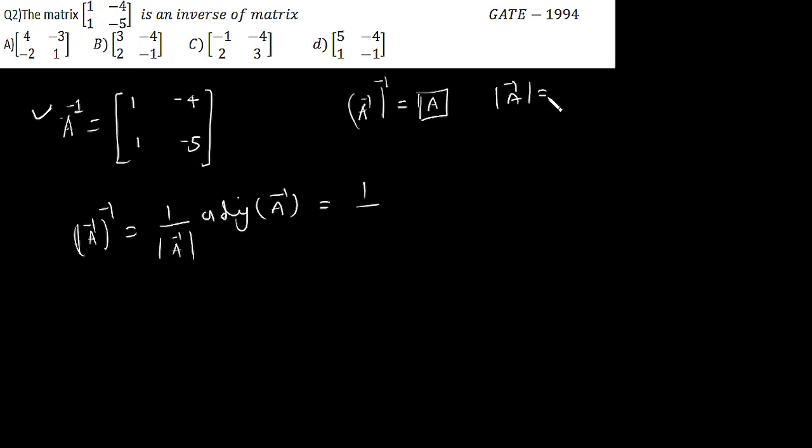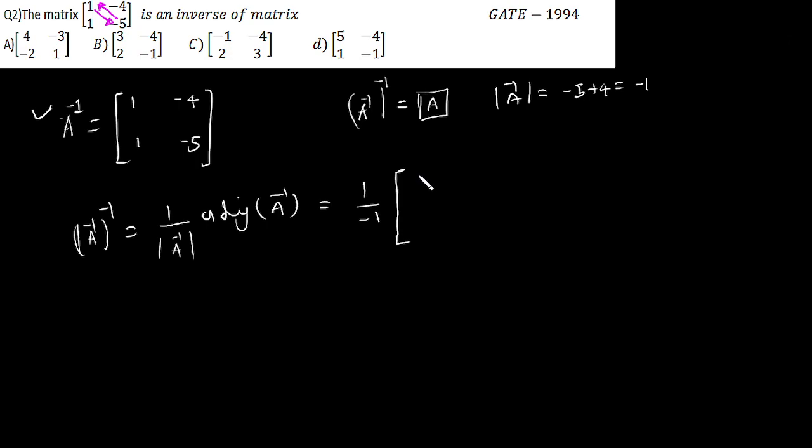Determinant of the inverse is equal to minus 5 plus 4, which is minus 1. So let's put it here, minus 1. Now again we have to find the adjoint. The same procedure: we swap the main diagonal elements. This element comes here and this goes there.